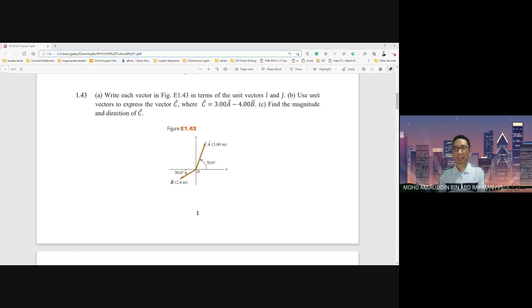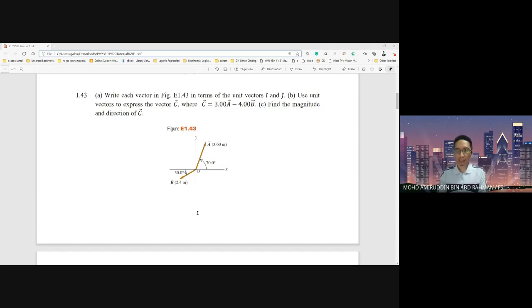And then minus 4 times the vector B, which is minus 4 times minus 2.08i, and then minus 4 times minus 1.2j.